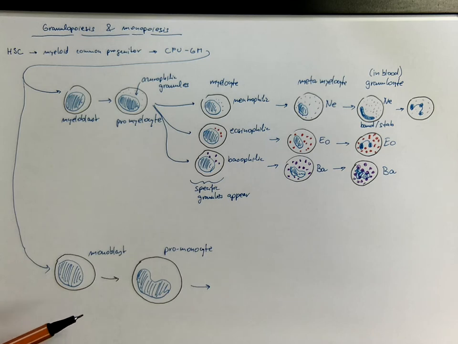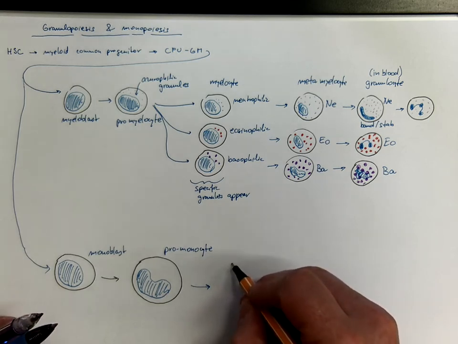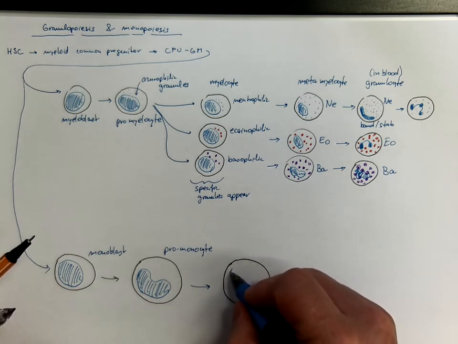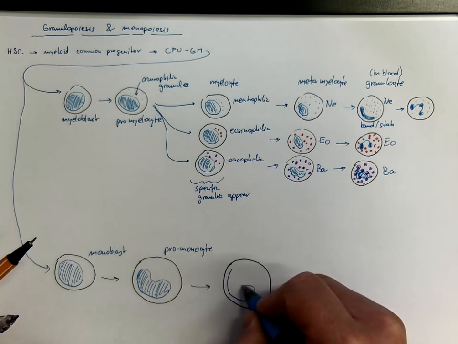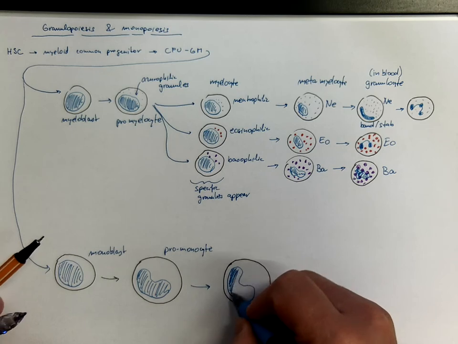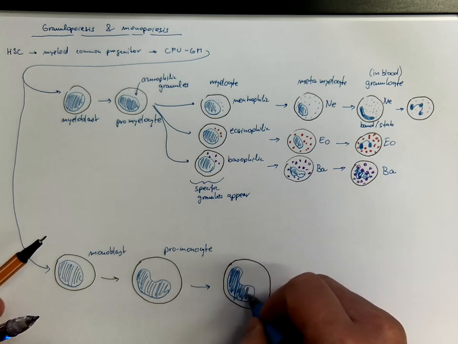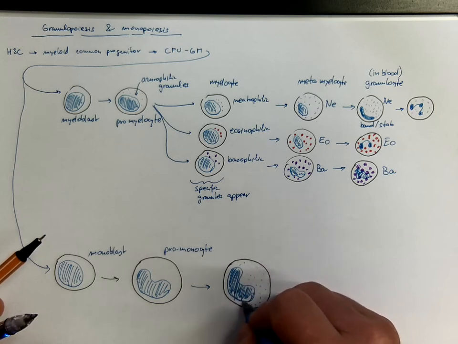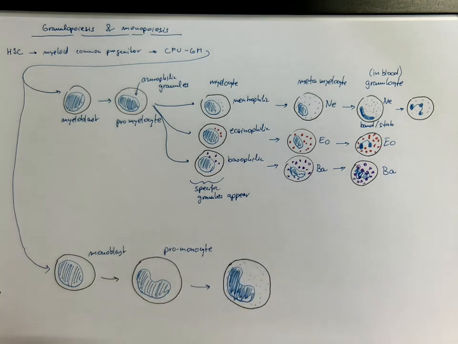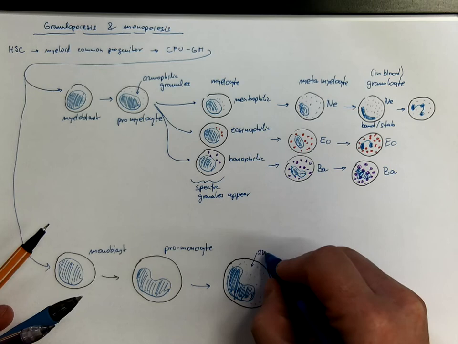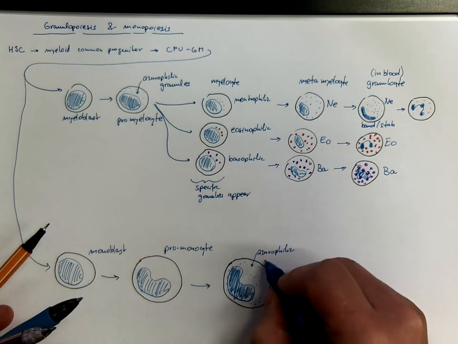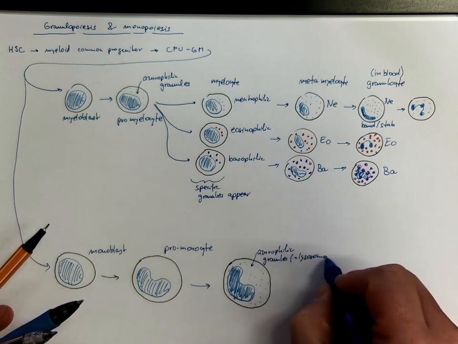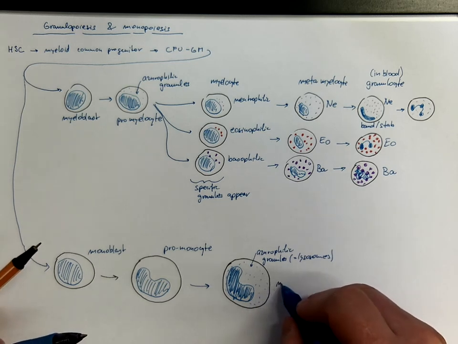That differentiates into a monocyte, the largest cell in the peripheral blood, which has the kidney-shaped nucleus and plenty of cytoplasm with unspecific azurophilic granules, which are actually the lysosomes. So this is the monocyte.